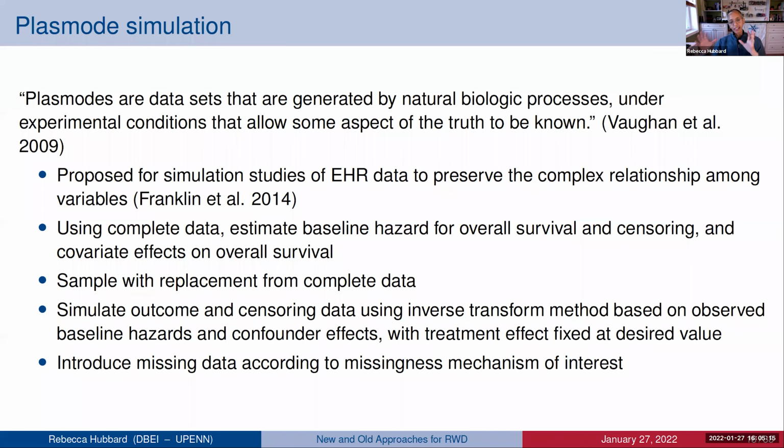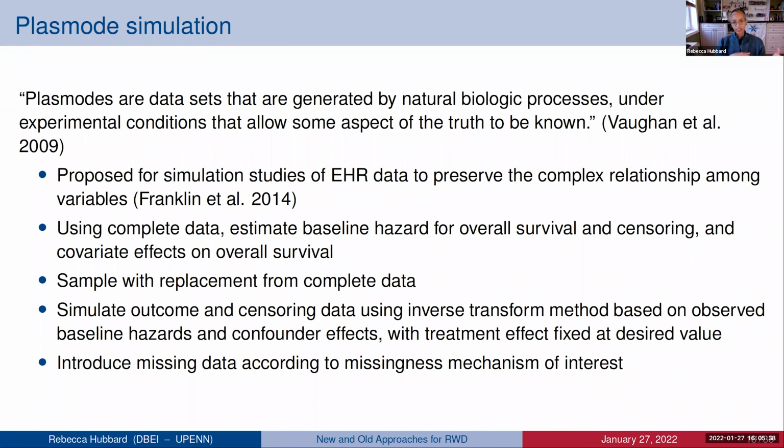And then we're going to take our sample with replacement from the complete data and use it to generate an outcome variable. So the objective here is to end up with covariate data that still reflects all of the complex relationships of the original data set, but in which the outcome has been simulated by us, so we know the true relationship between our covariates and our outcome.